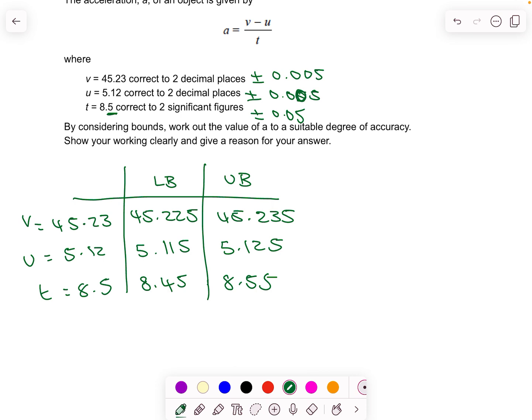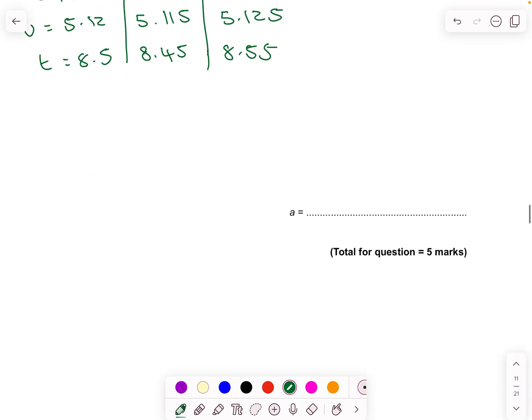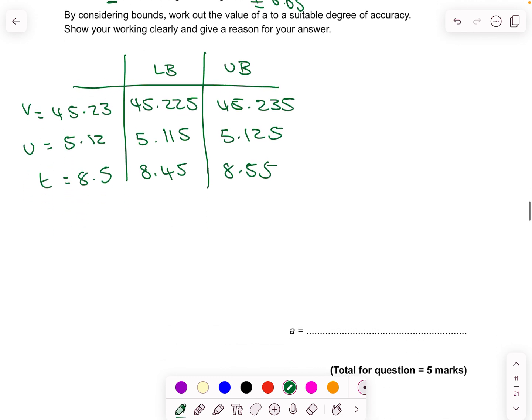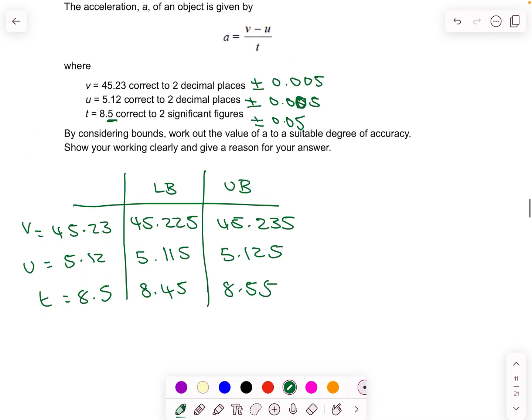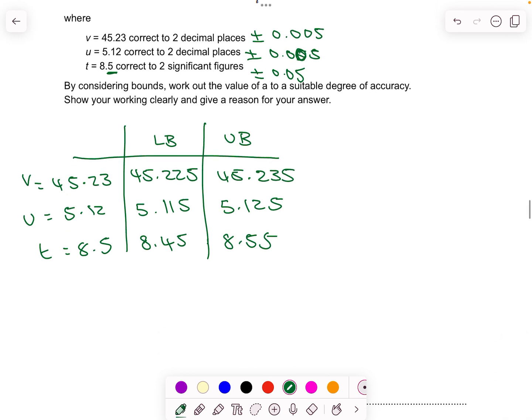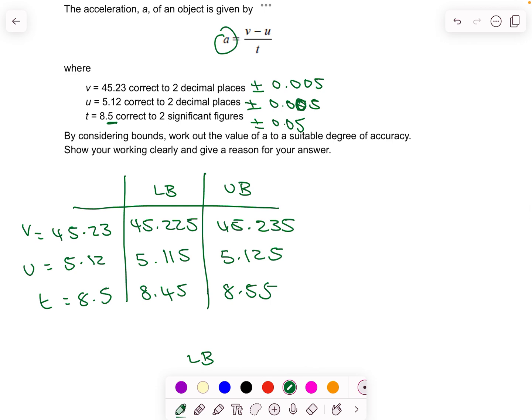Okay, and so you've got 2 marks for just putting all of those correctly. Then, unfortunately, you have got to find the lower bound of A by calculating.